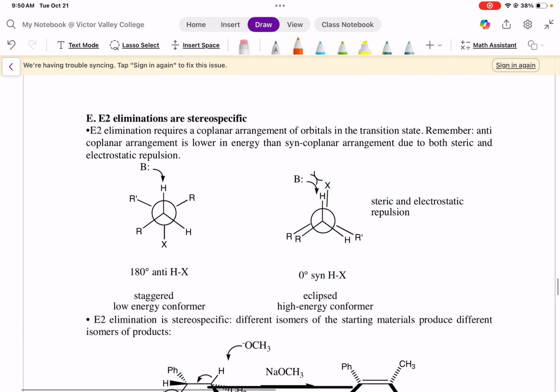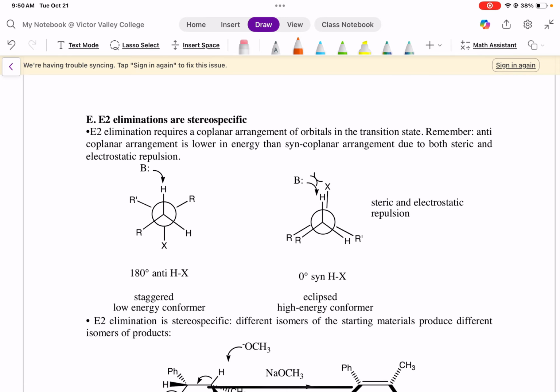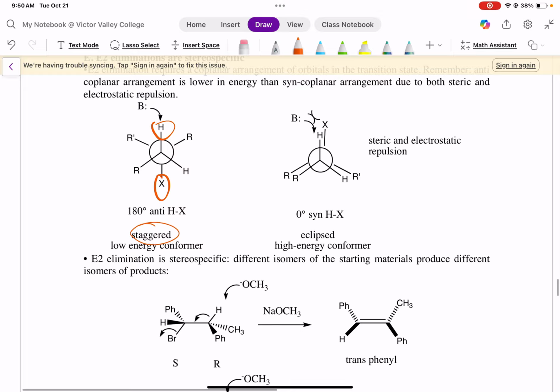All right, and then the rest is review from last time. We talked about eliminations. The leaving group and the hydrogen eliminated have to be exactly opposite, staggered or anti. Any other conformation will not be good because the base is in the way of the leaving group.